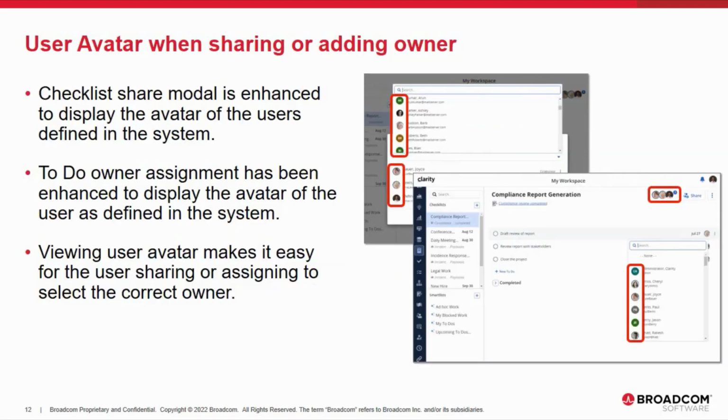Also, based on customer feedback, we have enhanced the lookup that displays the owner information to now show the avatar of the users that are available. Now, in the checklist, whenever a checklist is shared, the user list will have the user information along with their avatar as defined in the system.